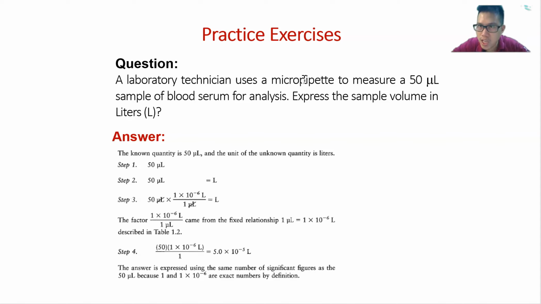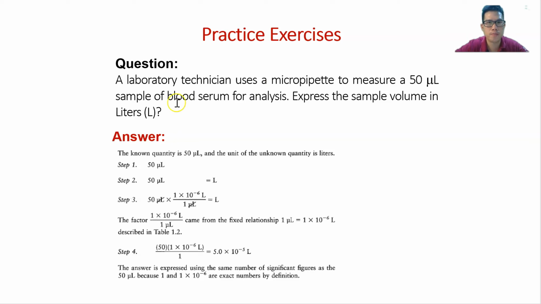But the accuracy depends very much on the skill. To make sure that if you are loading 50 microliter, it's 50 microliter, not 51 microliter or 49 microliter. Okay, the skill is very important. But don't worry, when we go back to the lab, I will teach you how to use a micropipette with high accuracy.